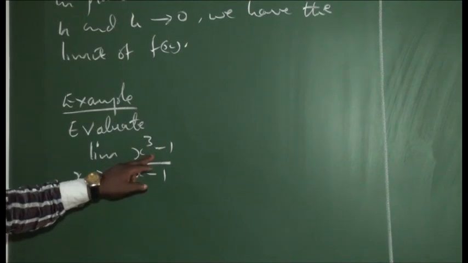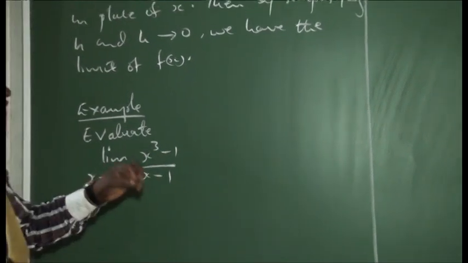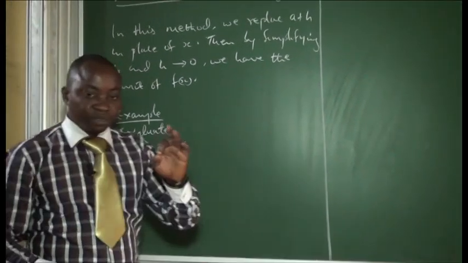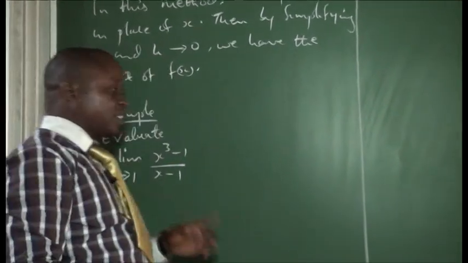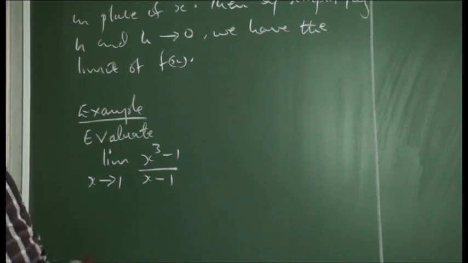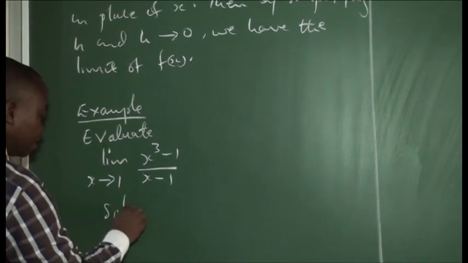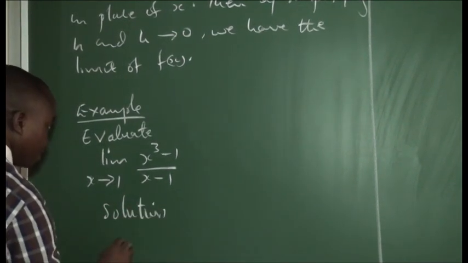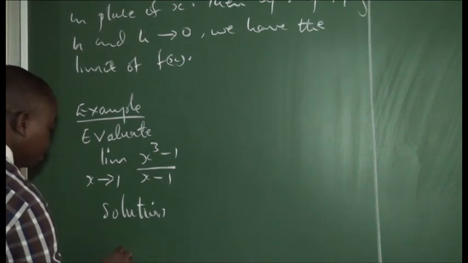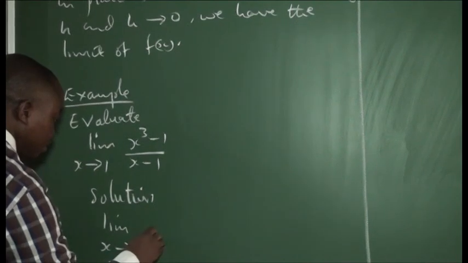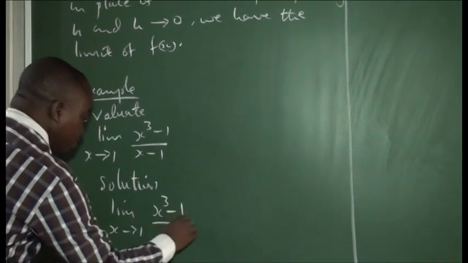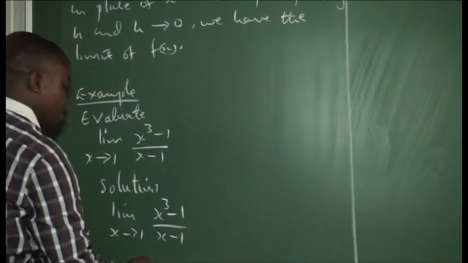So in this one, a is that value that if you substitute, it gives you undefined expression. So that is always a. So here, we'll take the solution in this way. I have lim x approaches 1, x cubed minus 1 over x minus 1.